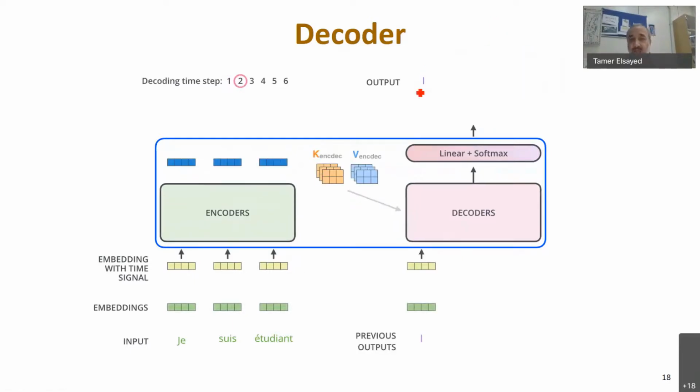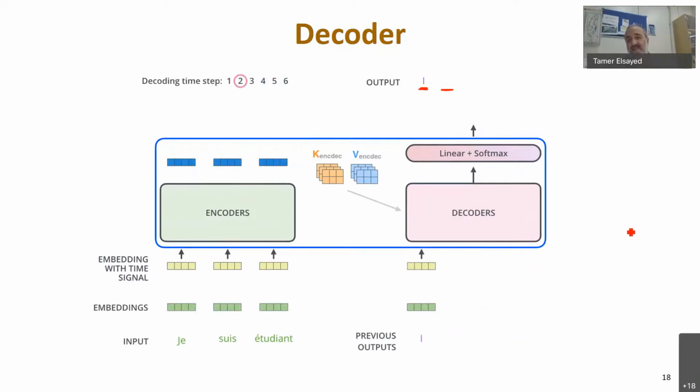Now we assume that we have I. We are at step number 2. You will see that we get am now. Okay, let's first see the animation. I will give you a minute or so to see the entire animation, and then we will explain it.